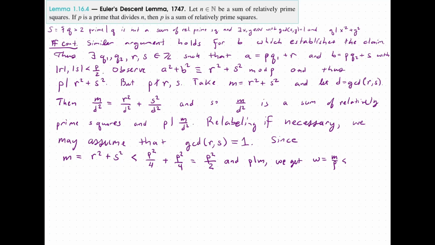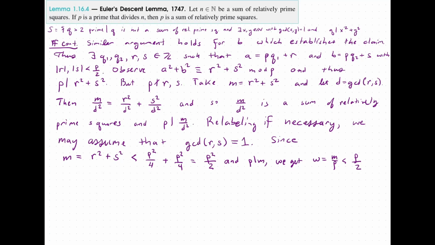Because now W is equal to M over P, and we know that M itself is less than P squared over 2. So if we divide by P, we have M over P less than P squared over 2 divided by P, in other words, P over 2. So we get that W is less than P over 2.